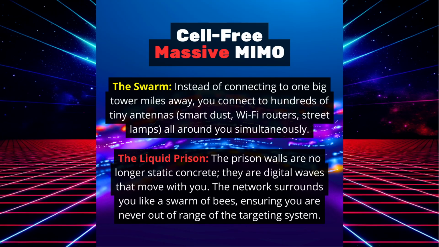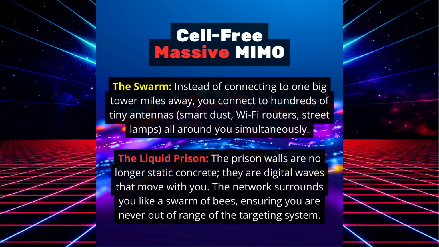All right. So to start us off, our first term, which is the name of this chapter, cell-free massive MIMO. MIMO is multiple input, multiple output. So it's the swarm. Instead of connecting to one big tower miles away, you would connect to hundreds of tiny antennas, such as smart dust, Wi-Fi routers, street lamps.